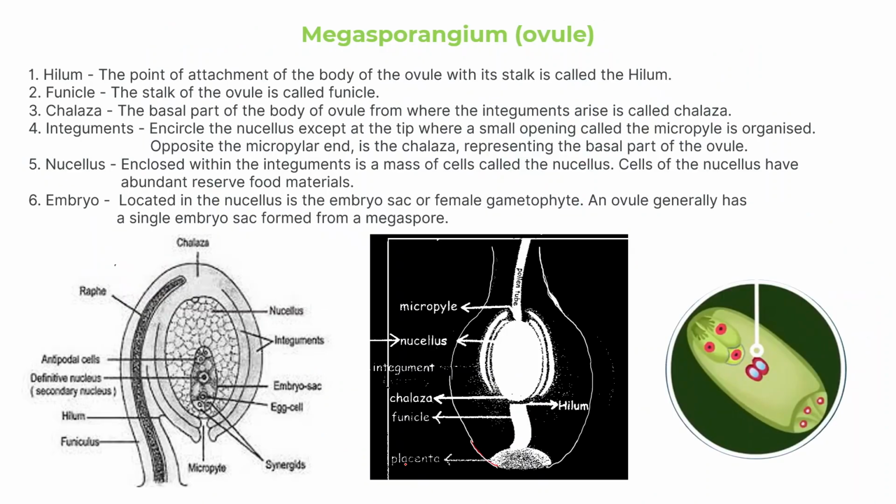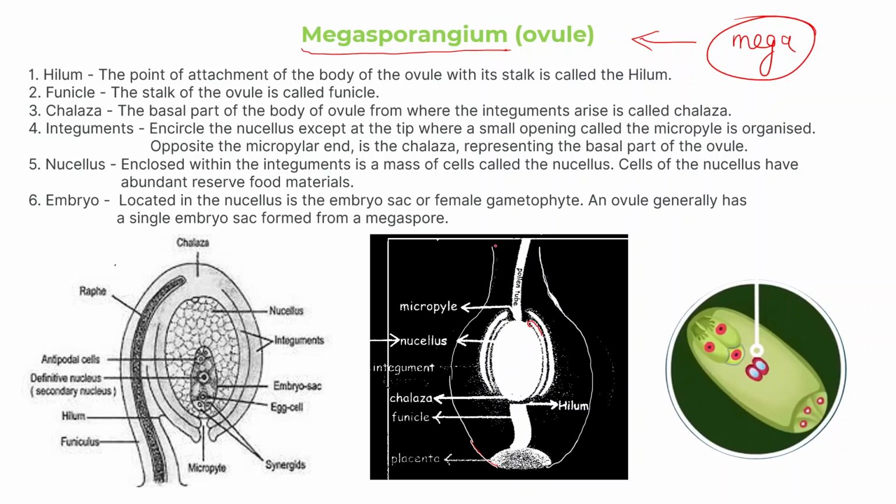Now, let's see the whole ovule structure. This ovule is also known as megasporangium because, in comparison to the microsporangium, they are bigger in size. That's why the structure is known as megasporangium. Now, this ovule structure has so many parts.